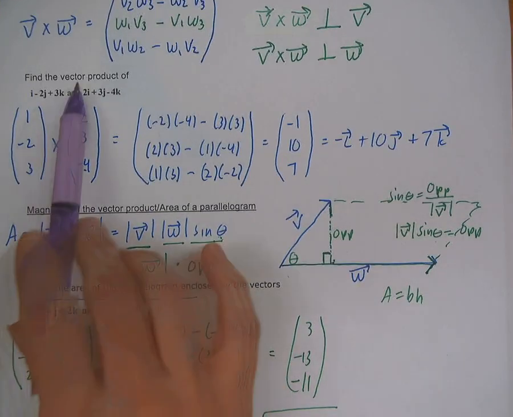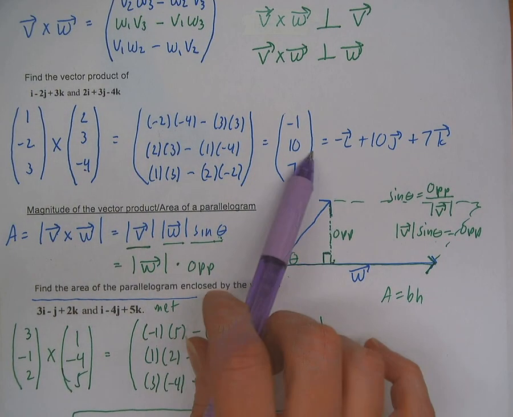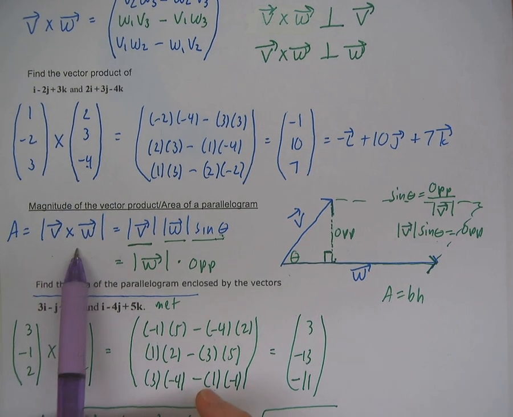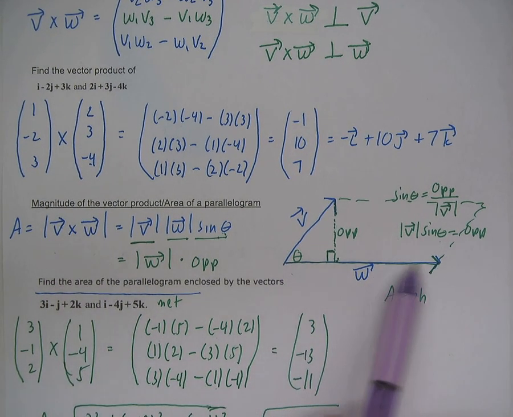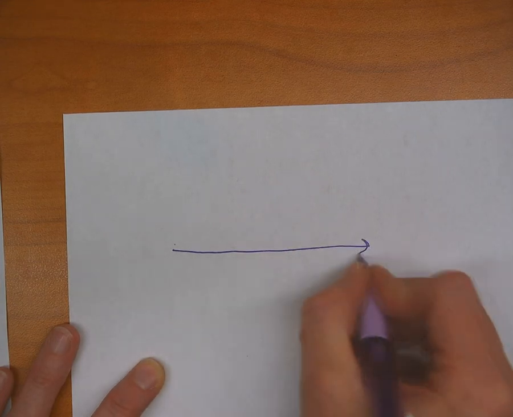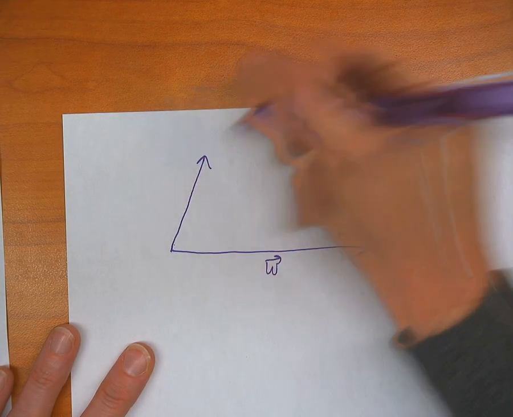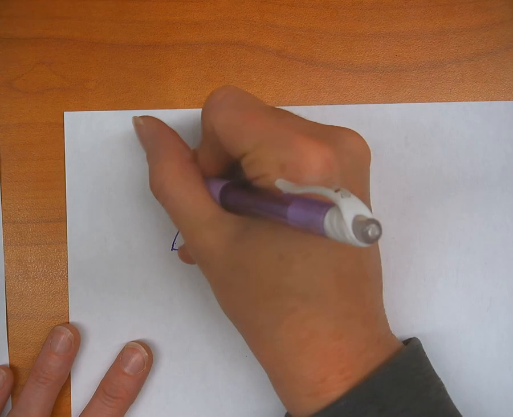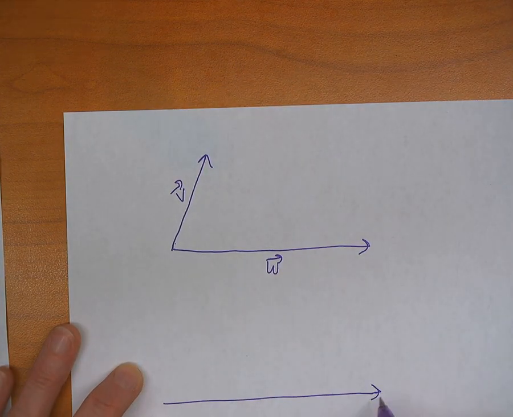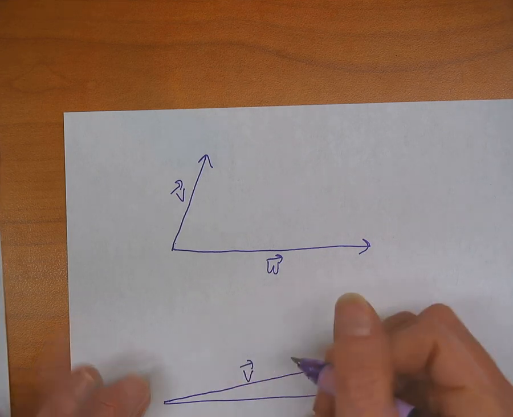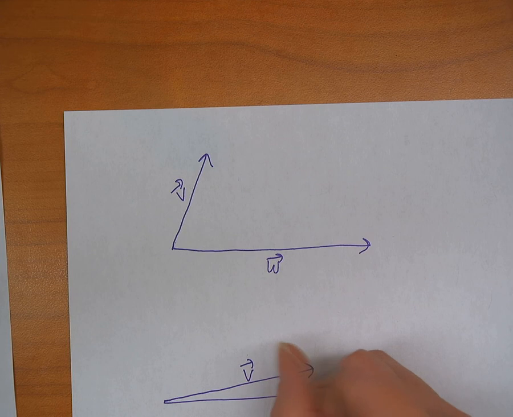So when we calculate a vector product and then find the magnitude, that magnitude is a measurement of how much these are going in different directions from each other. To illustrate that, I'll just draw two examples. One where vector v is closer to being perpendicular to vector w, and one where vector v is going much more closely in the same direction as vector w.